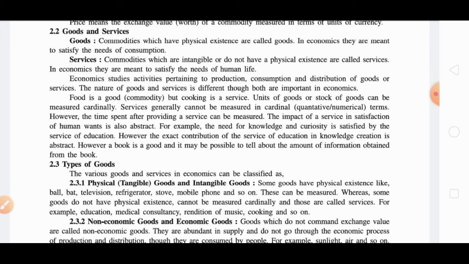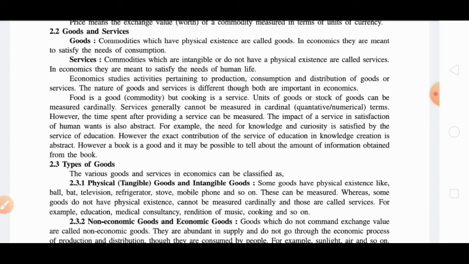While services are intangible, it means we cannot see them and we cannot touch them, or they do not have a physical existence, it means we cannot quantify them, and are called services. In economics, they are meant to satisfy the needs of human life. So the basic difference is that commodities which have physical existence are called goods, while all those commodities which are intangible are called services.